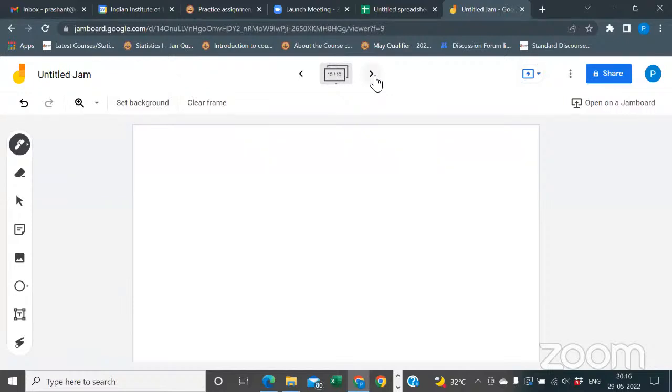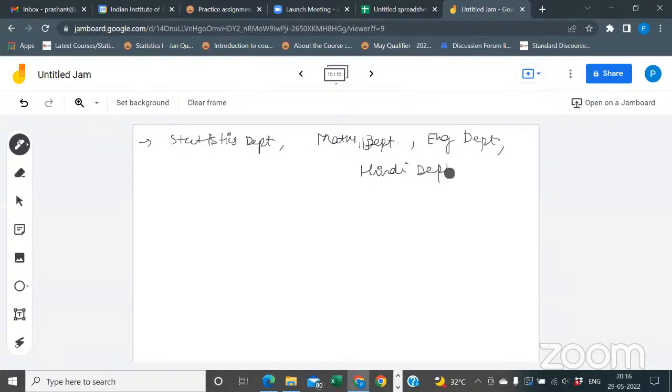Suppose your population is students of the statistics department, maths department, English department, and, say, Hindi department. These are some departments. Now I want to check the performance of the students from these departments.